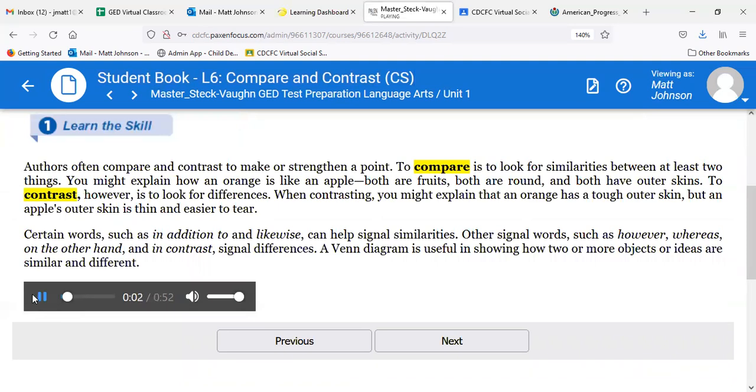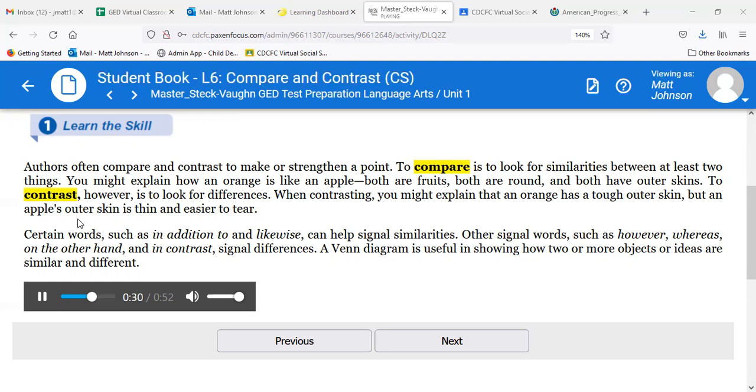Authors often compare and contrast to make or strengthen a point. To compare is to look for similarities between at least 2 things. You might explain how an orange is like an apple. Both are fruits, both are round, and both have outer skins. To contrast, however, is to look for differences. When contrasting, you might explain that an orange has a tough outer skin, but an apple's outer skin is thin and easier to tear.